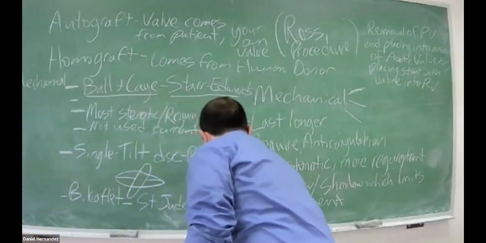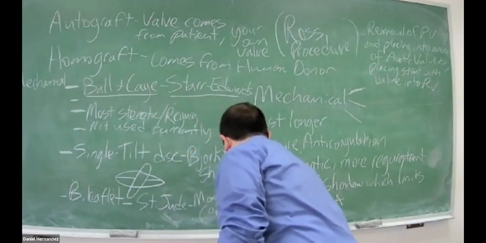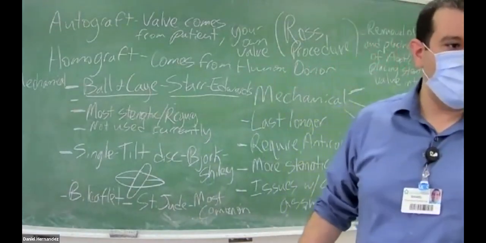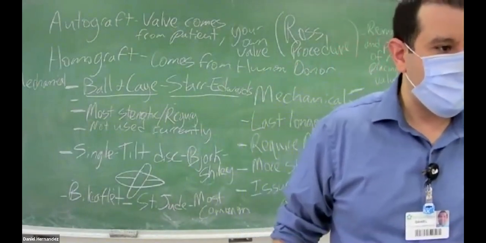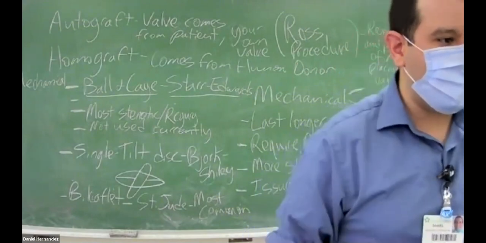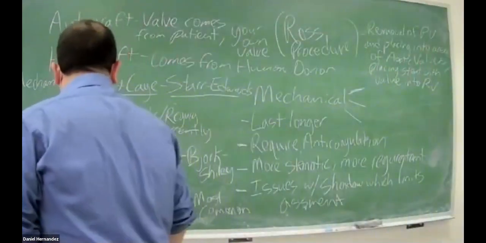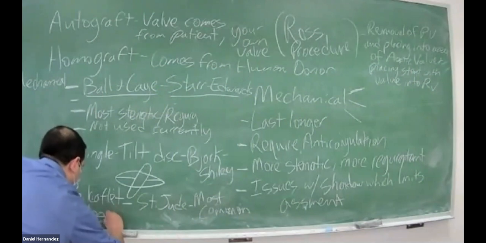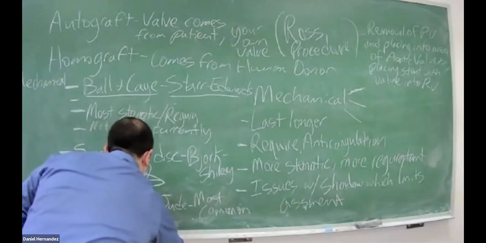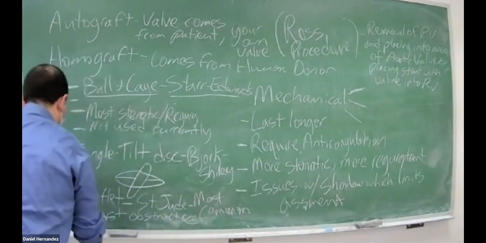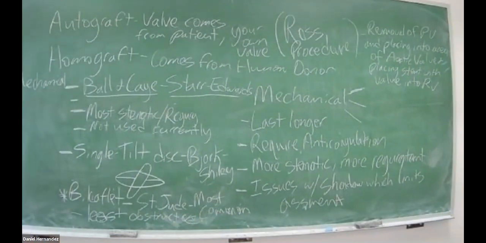Some other examples are Carbomedics, Duramedics. And these are going to be the least obstructive, the bi-leaflet. So that's the mechanical valve of choice now, your bi-leaflet mechanical valve.